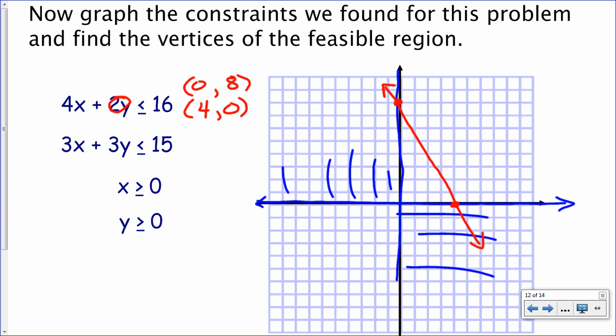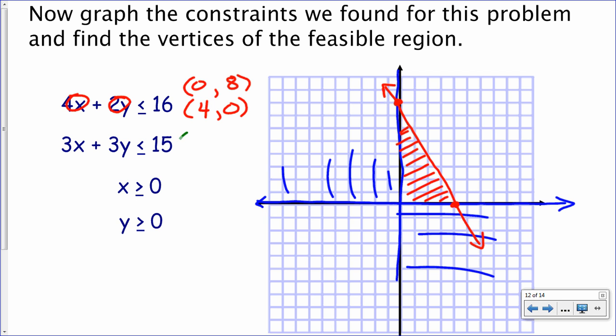Okay? And then if I put 0, 0 in, 0 is less than 16. That is true. And of course, this is already going to be bound by my y is greater than or equal to 0, and x is greater than or equal to 0. So I know it's not going to go any farther than that.